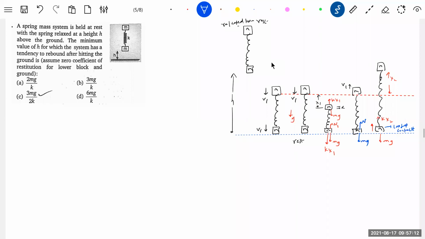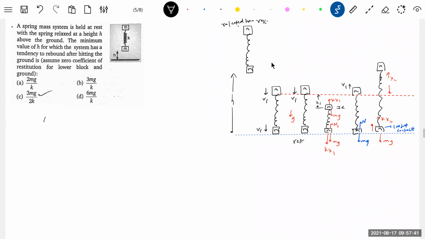Same as the previous problem. The only thing is this v1 we are going to bring by this h, that's all. So whatever height this will descend, the same height this will also descend. All the first three problems I solved are one and the same.